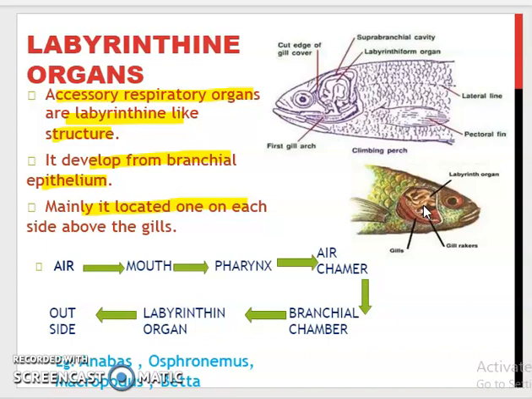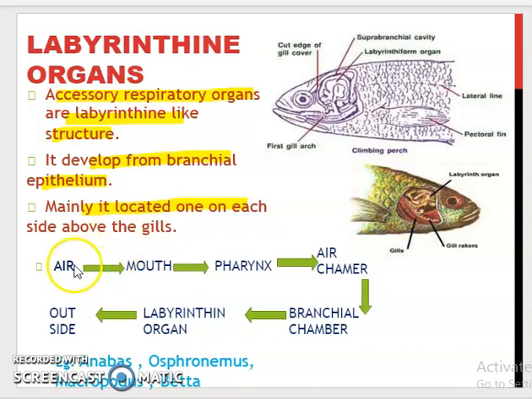The plates are covered with a vascular membrane, and each chamber communicates with the pharynx by the first gill slit and with the gill cavity by the opening situated between the hyoid arch and the first branchial arch.